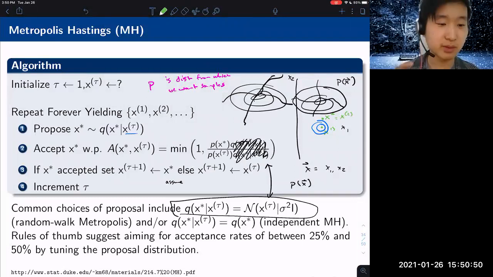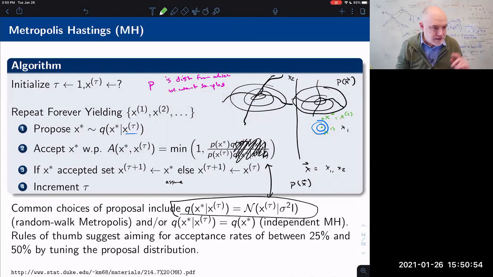But doesn't the algorithm say accept with probability? But this is actually really important, and this is really cool. So it says to accept with probability min 1, and then the ratio. And if P of x star is greater than P of x tau, then this is greater than 1. So it always accepts. And this is actually the kind of beautiful thing about Metropolis techniques.